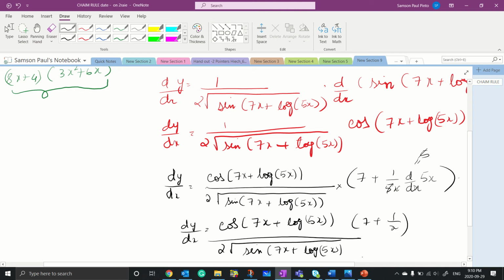You can leave it at that, or you can simplify if you want. You can take the 7 and write it as 7x plus 1 and take the x down here, so you can even write it like this: 7x plus 1 into, probably write the x that is there here, 2x. So this is the direct method.